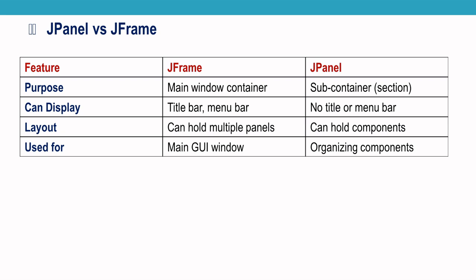A JFrame layout can hold multiple panels, and a JPanel can hold components. JFrame is used for main GUI windows, and JPanel is used for organizing components.